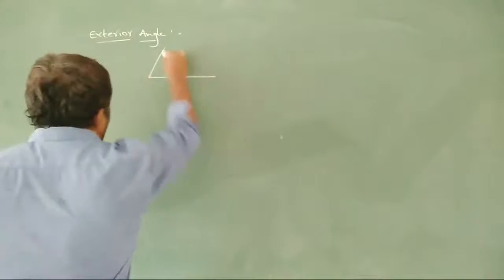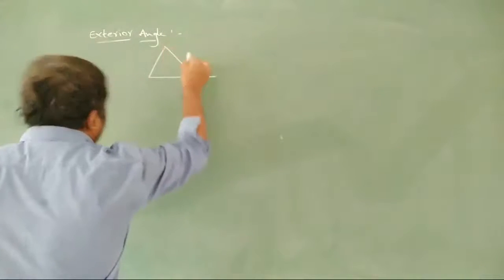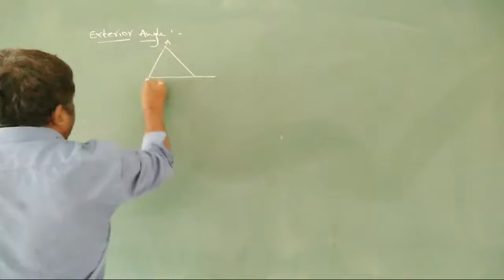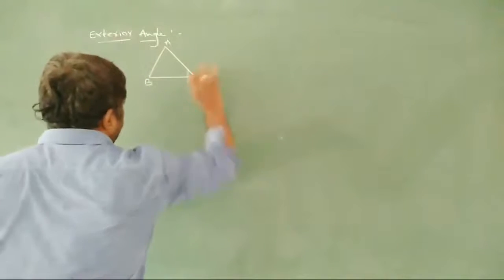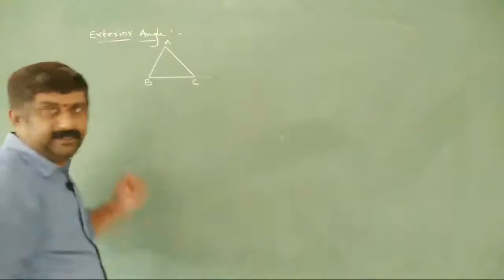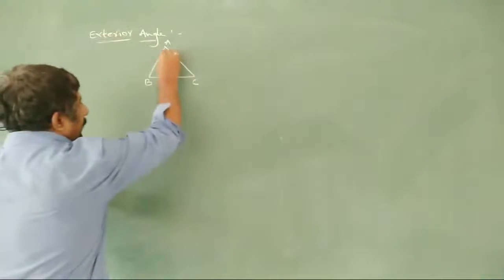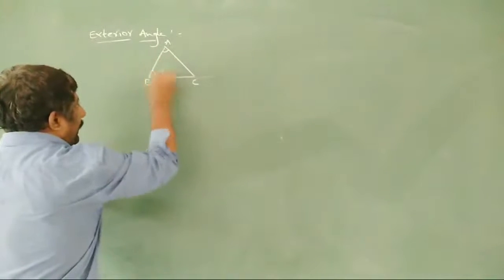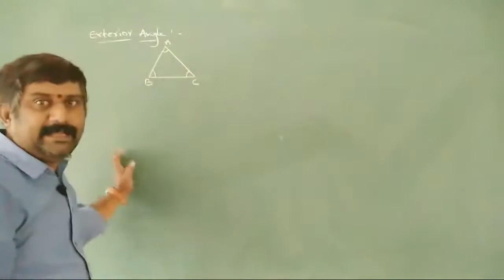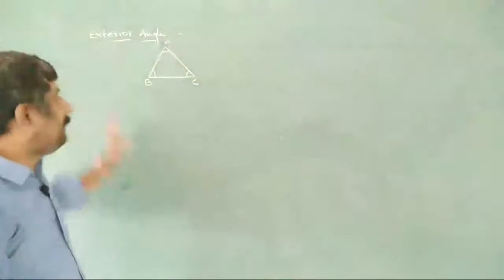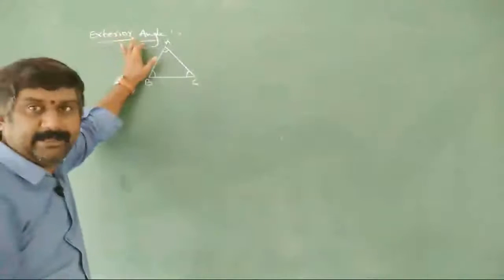Let us draw a triangle here, A, B, C. How many angles are you finding here? Angle A, angle B and angle C. These are interior angles.